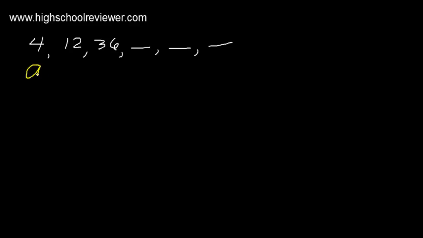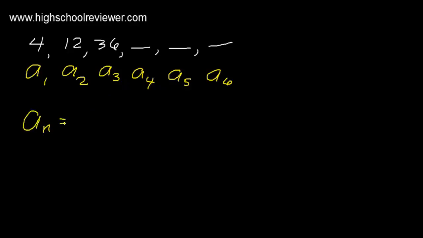Positive 4 will be a sub 1, then a sub 2, a sub 3, a sub 4, a sub 5, and a sub 6. Now the formula for finding the missing terms in a geometric sequence is a sub n equals a sub 1 multiplied by r raised to n minus 1.